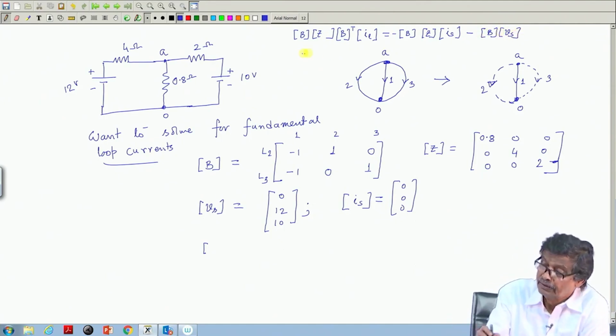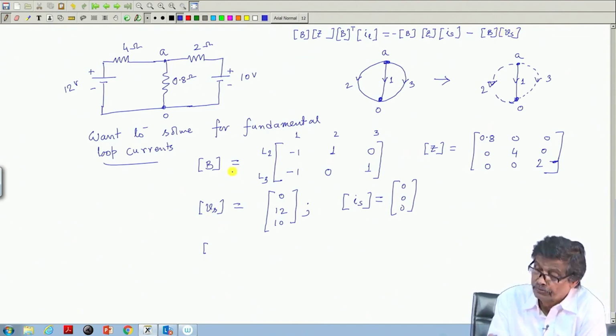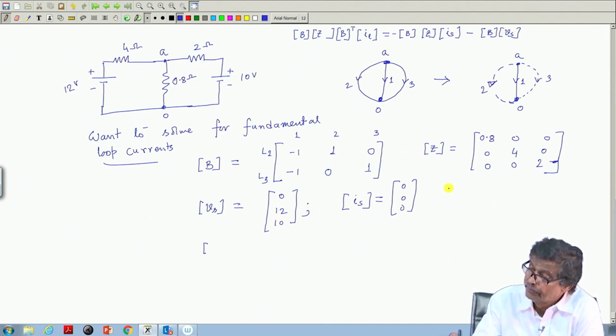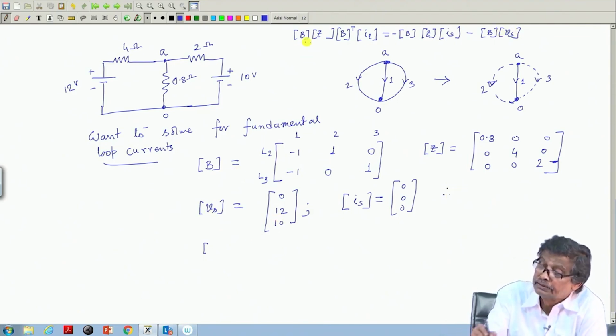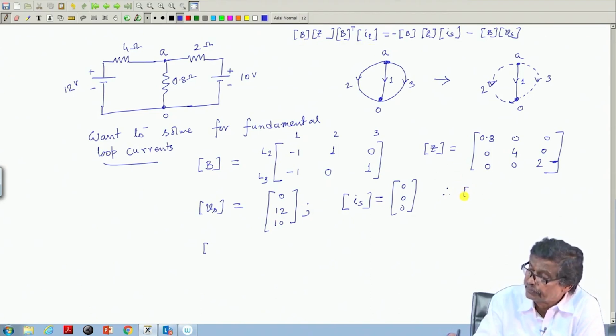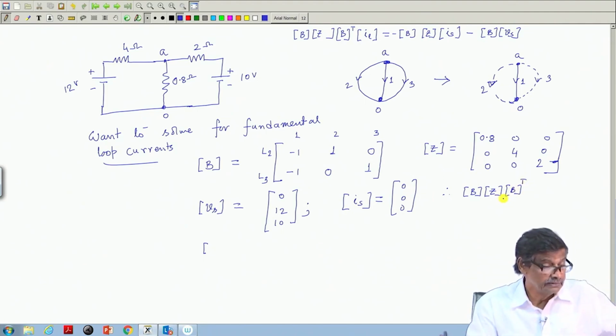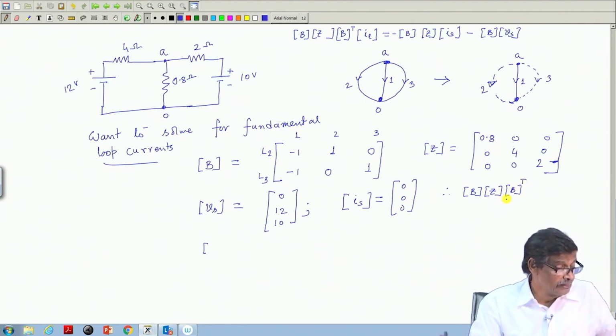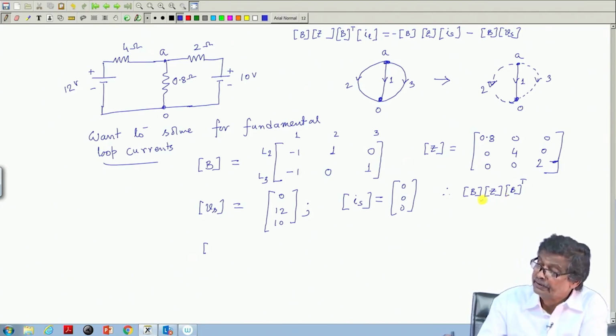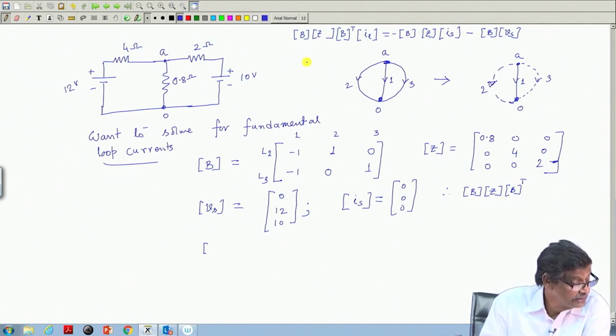Now, this B is known, Z is known, therefore I will be able to calculate B Z B transpose. Let me write down a bit about this matrix.